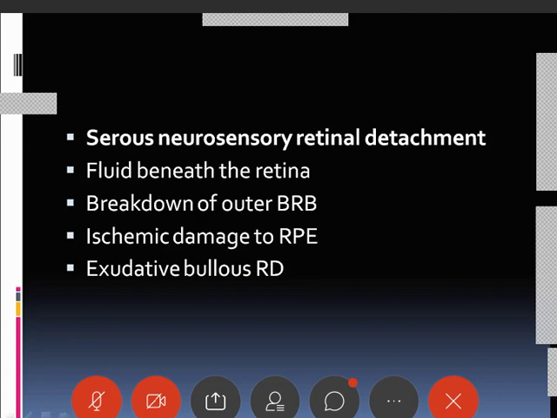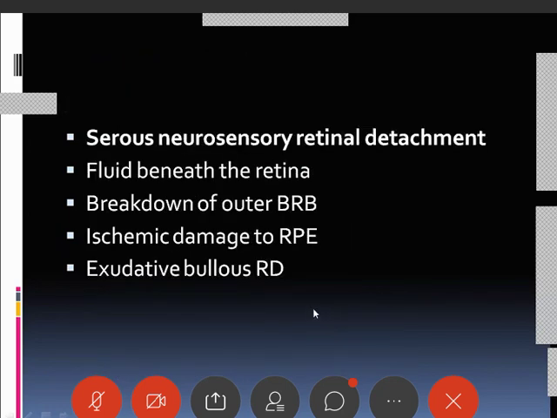So that is known as serous neurosensory retinal detachment. This is due to breakdown of the outer blood retinal barrier, which is the retinal pigment epithelium. Basically, this is due to ischemic damage to the retinal pigment epithelium, leading to exudative bullous RD.